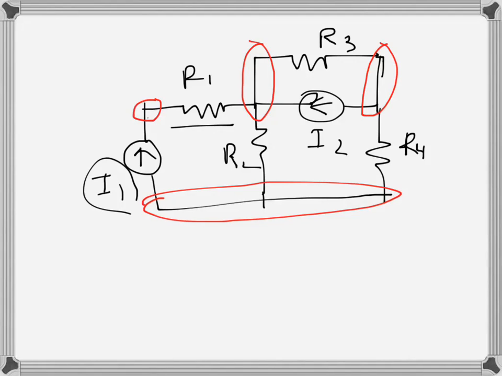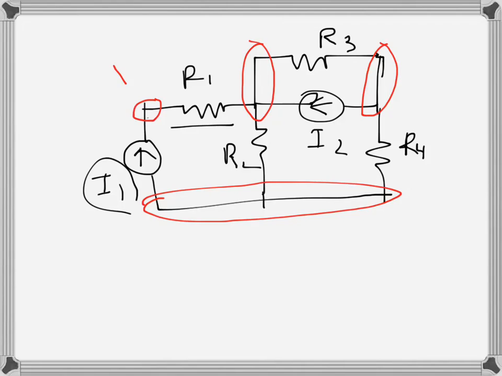Now the node voltage method procedure is: first we assign arbitrary voltages to all of the nodes. First we see how many nodes there are. We can see there are 4 nodes in this circuit, and we will assume one node to be the reference node, or ground.